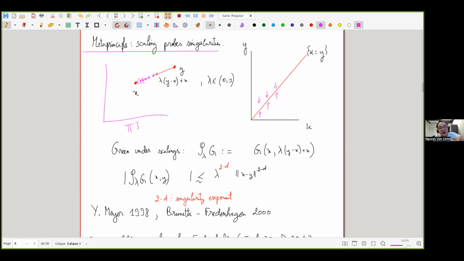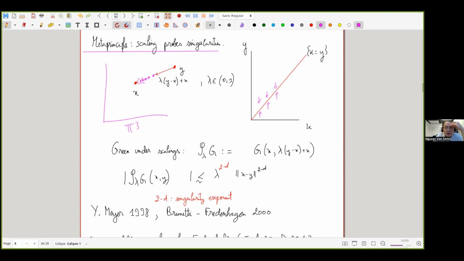Here I represent this pictorially in the configuration space of 2 points. You have the diagonal where x equals y, and this scaling will collapse the whole configuration space to the diagonal x equals y.